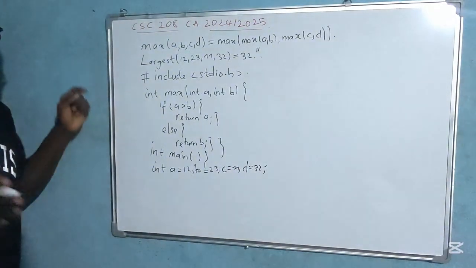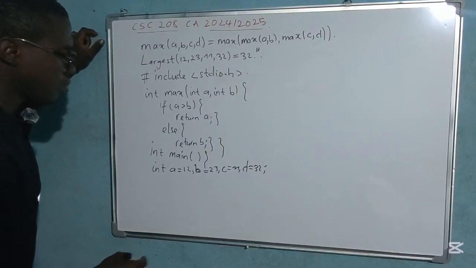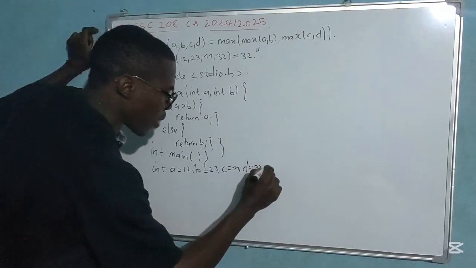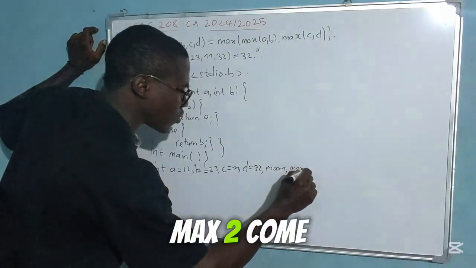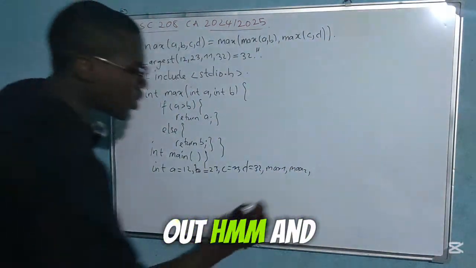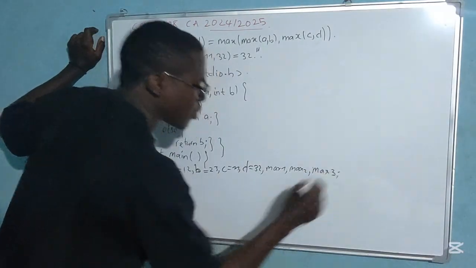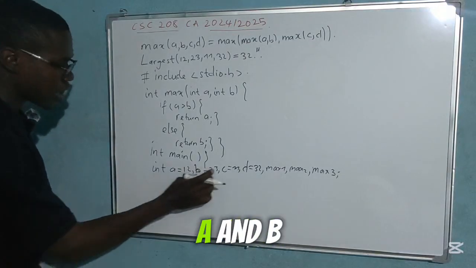Okay, next thing, we have max 1, max 2, and then max 3. Now next thing, we find the maximum between A and B.